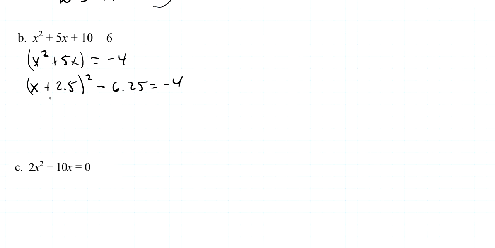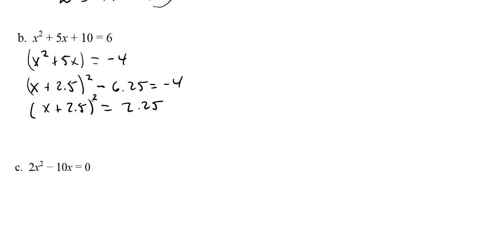And then we want to isolate our perfect square here, so we want to add 6.25 to the other side, and so we get x plus 2.5 squared equals 6.25 minus 4, and so this is going to be 2.25.